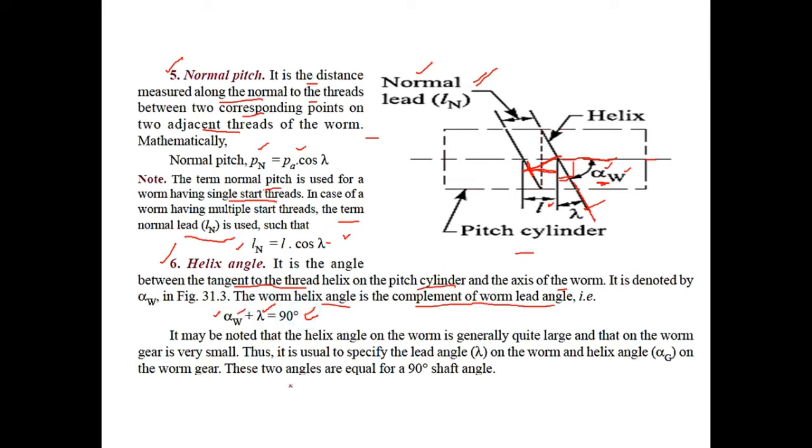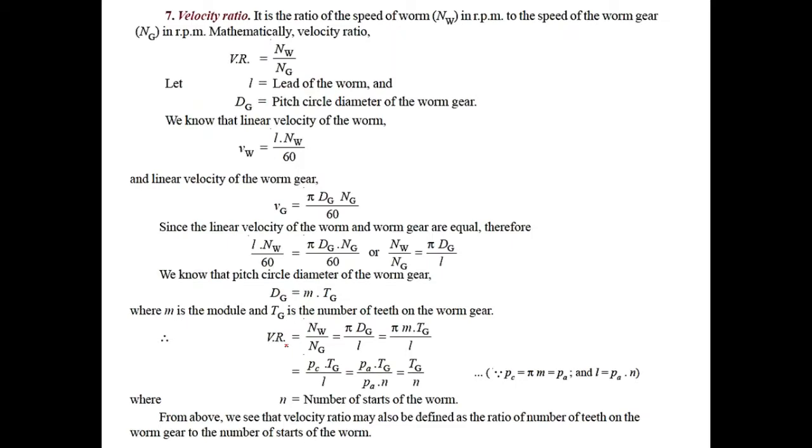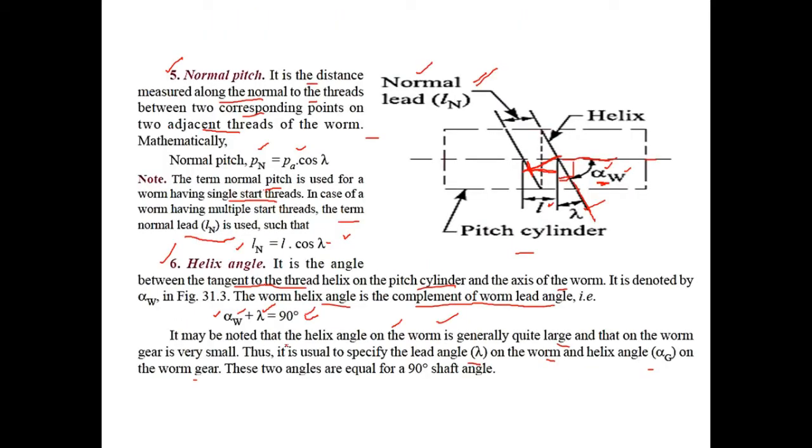It may be noted that the helix angle on the worm is generally quite large, and that on the worm gear it is very small. It is usual to specify the lead angle on the worm and the helix angle on the worm gear. These two angles are equal to the 90 degree shaft angle. We have seen that alpha plus lambda is equal to 90 degrees.